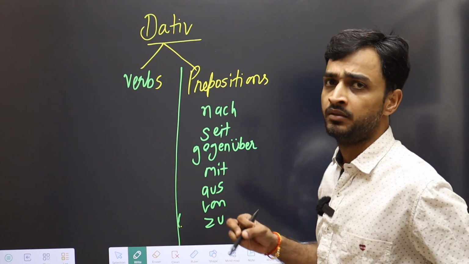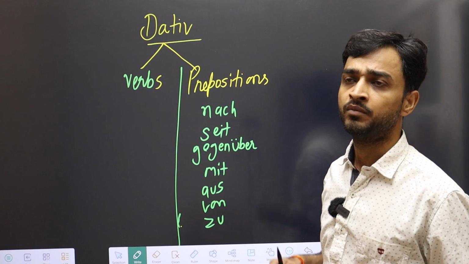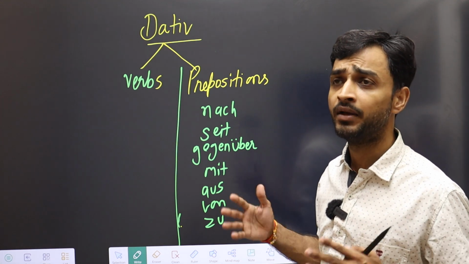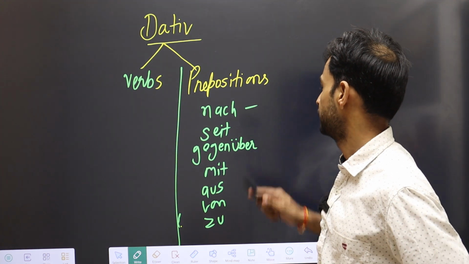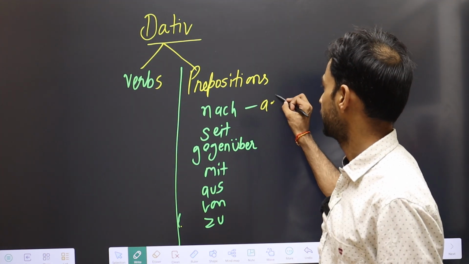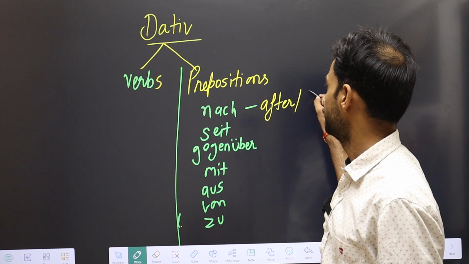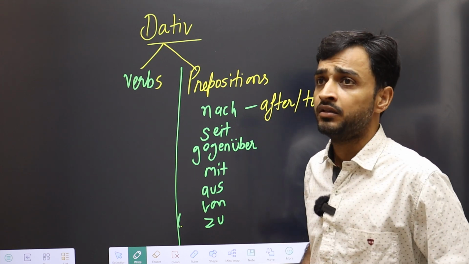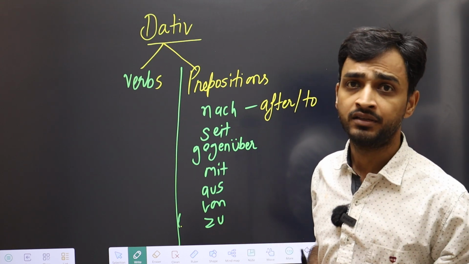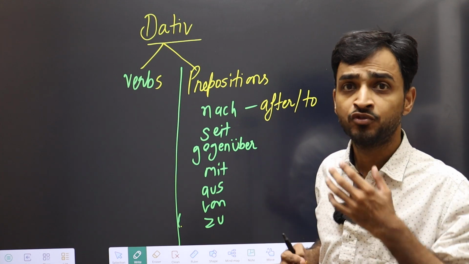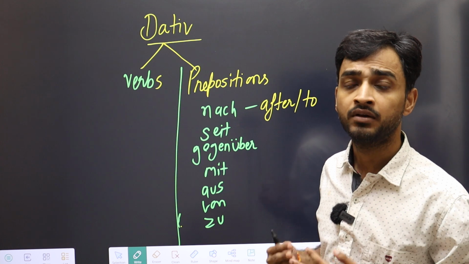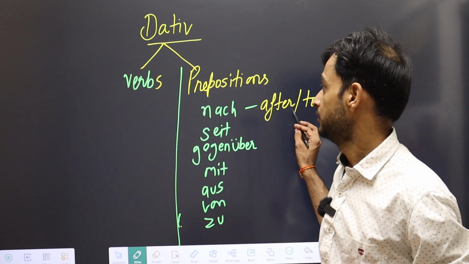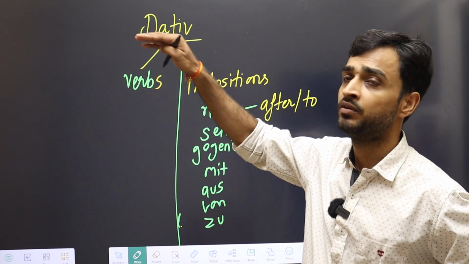Nach means, when we talk about directions, like ich fahre nach Berlin city, or nach also means after. Like nach dem Lernen gehe ich ins Kino, nach dem Sprechen esse ich zu Abend. So nach means after, and to, when I go to some place.